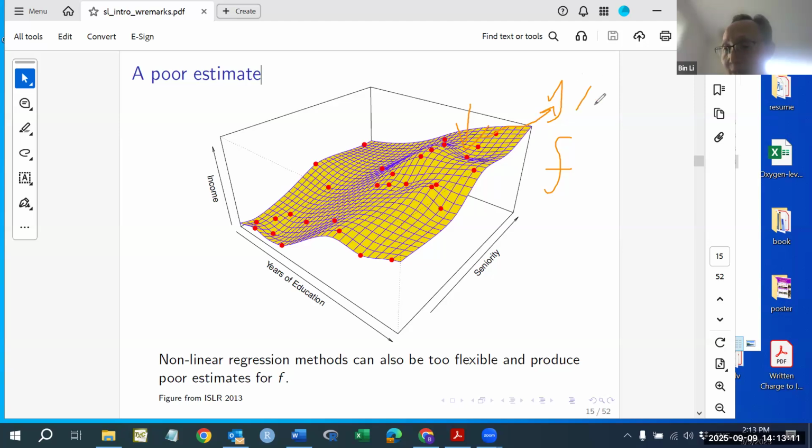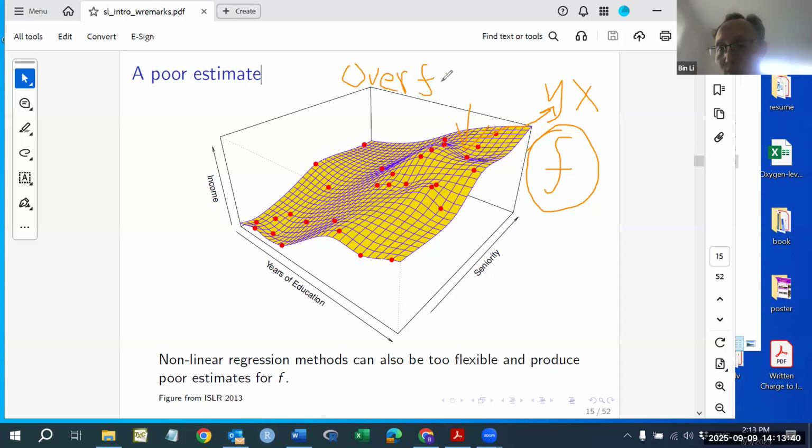That is not right, because ideally we should estimate f. But we have a name for this. If a model perfectly passes through all the data points in the training set, that's called overfitting.